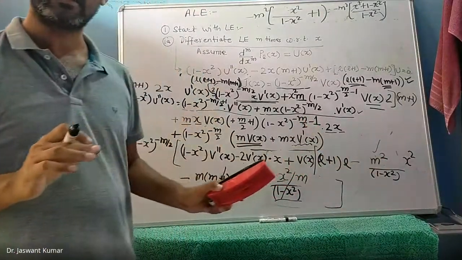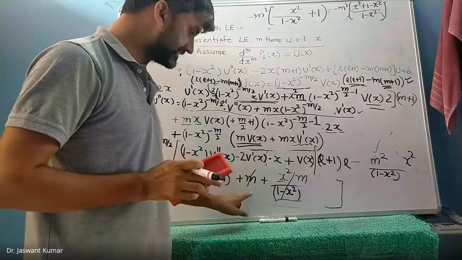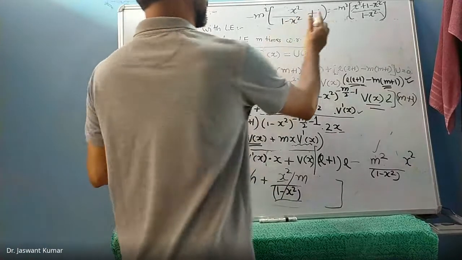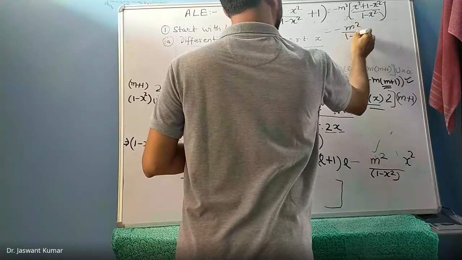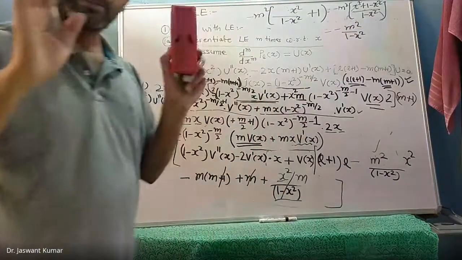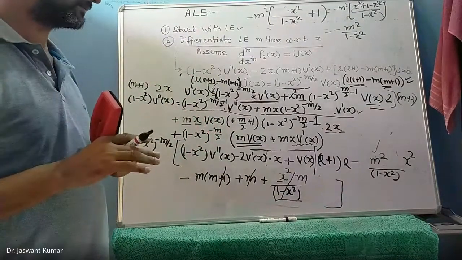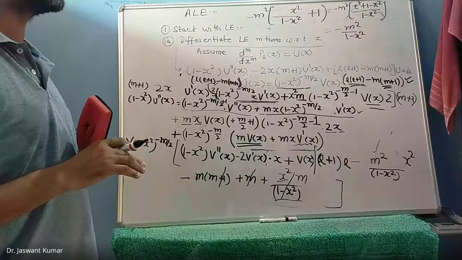And then we arrived at the conclusion that this term, this term, this term, and this term all combine to give you a term which is minus m square divided by 1 minus x square. Are you all happy with this?